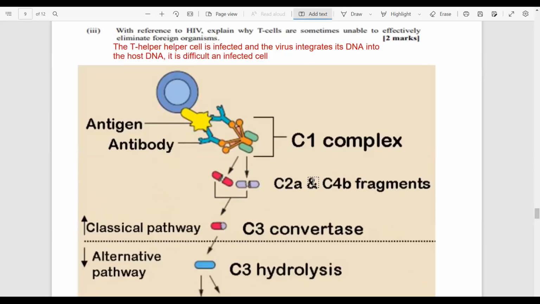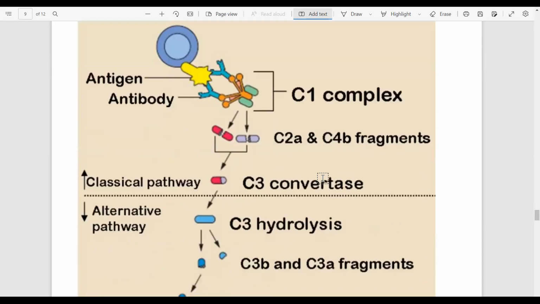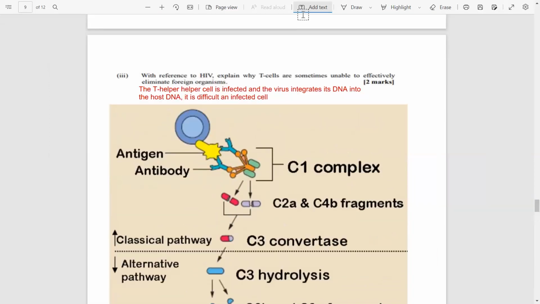All righty. So we're going on. We have another question coming up on the complement system. So I put this slide here to remind you about the complement system. So it's a group of proteins, right?